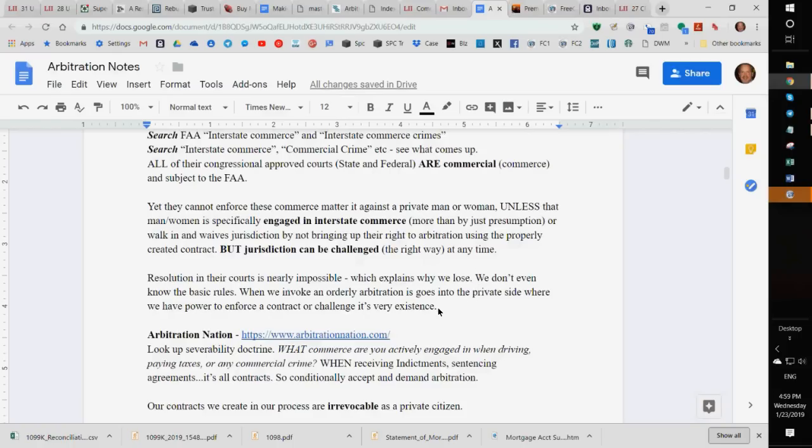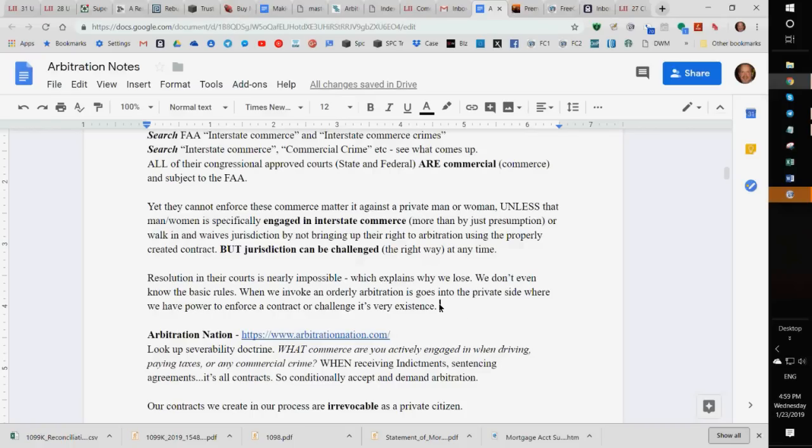All right? And if you go into court, it's not going to be really an argument. It's just a matter of, does this contract exist or not? And of course it will, because we will prove it and have it arbitrated on top of that. There's no place for them to go. We're closing all the gates. So at that point, using their courts is nearly impossible. Otherwise, we're probably going to lose because we're playing on their field under their rules, and we don't know the rules.